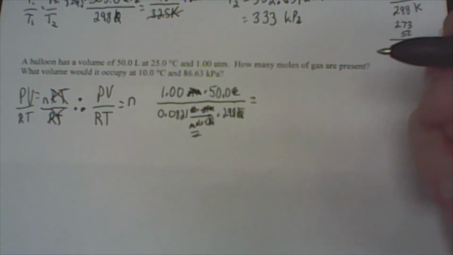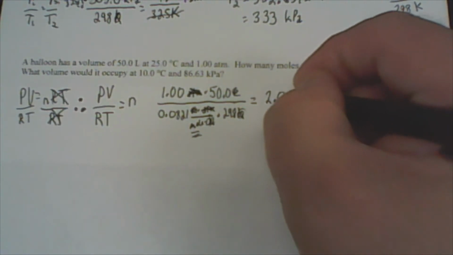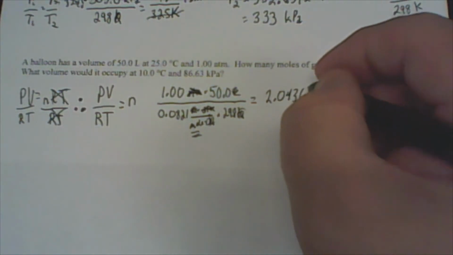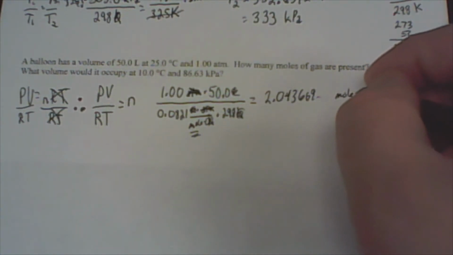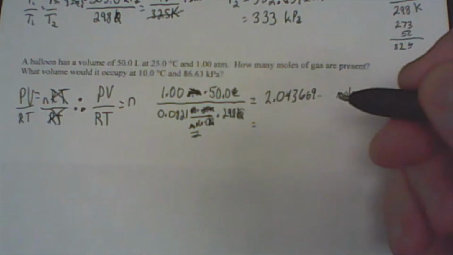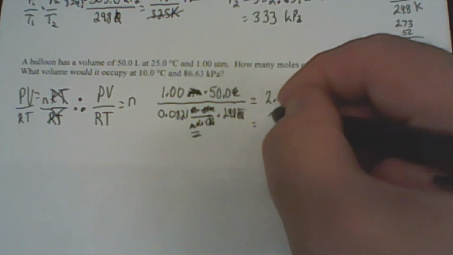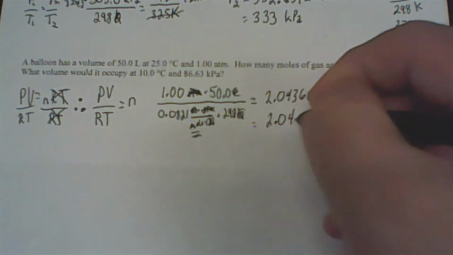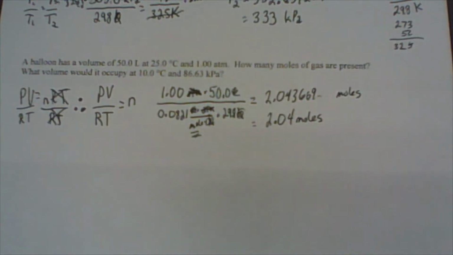So when I do that, I get 2.043669 and so on moles. So that gives me what? Let's see. I'm going to round it off to 3 digits. 2.04 moles. And there's our answer.